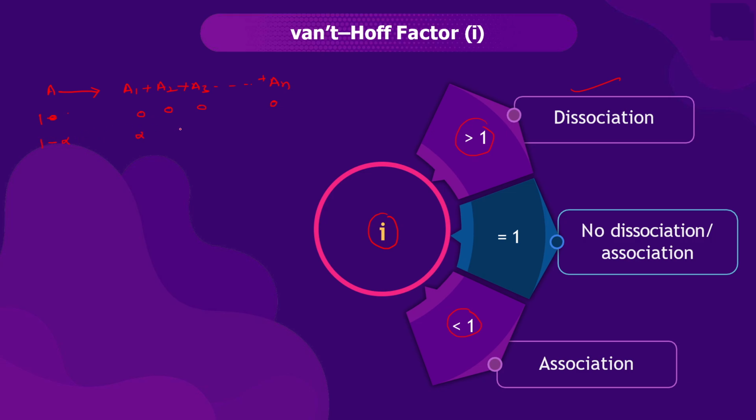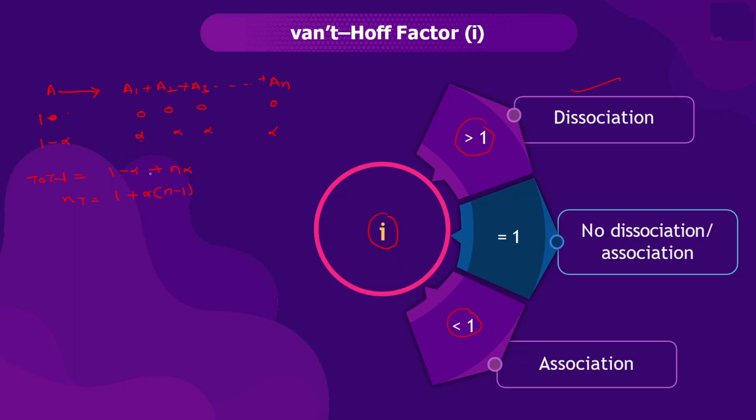So this is alpha, alpha, alpha and alpha. Now total moles will become what? Total number of moles of ions: 1 minus alpha plus alpha plus alpha plus alpha, that is n alpha. It is 1 plus, if you take alpha as common, then n minus 1 will come. This is the number of total moles.